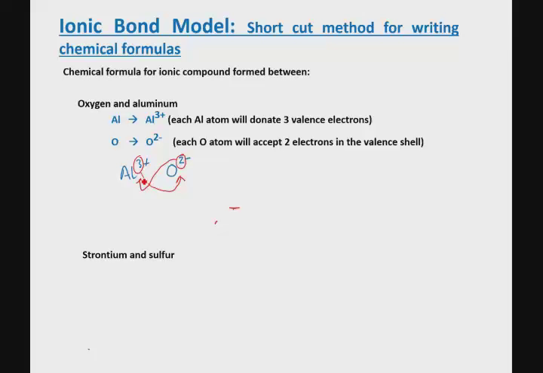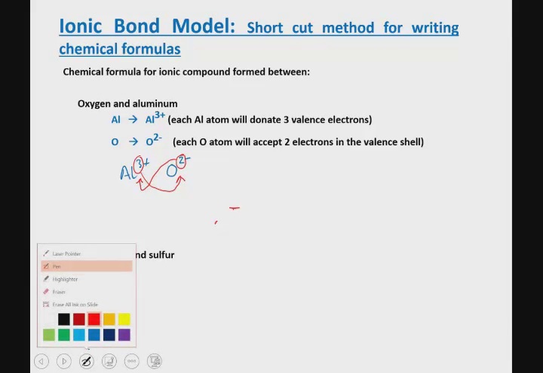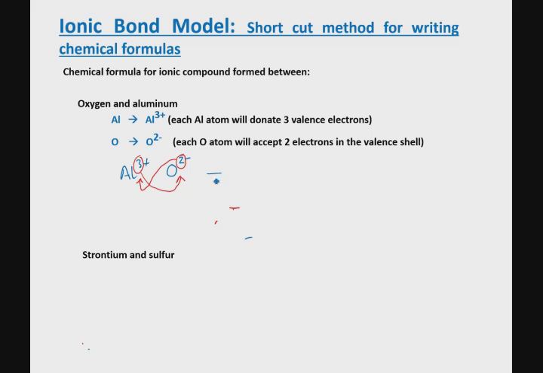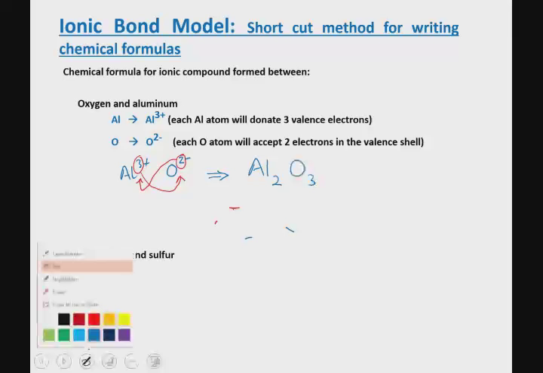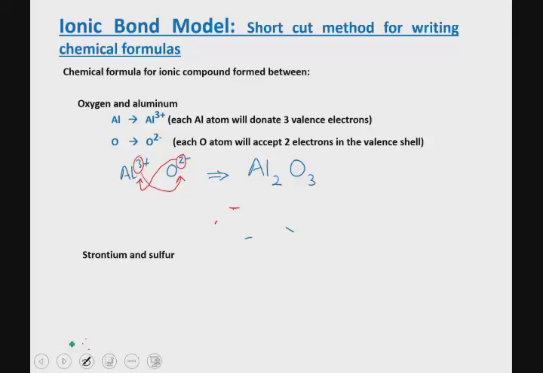If you were to switch those numbers, then the chemical formula of this compound becomes Al2O3.